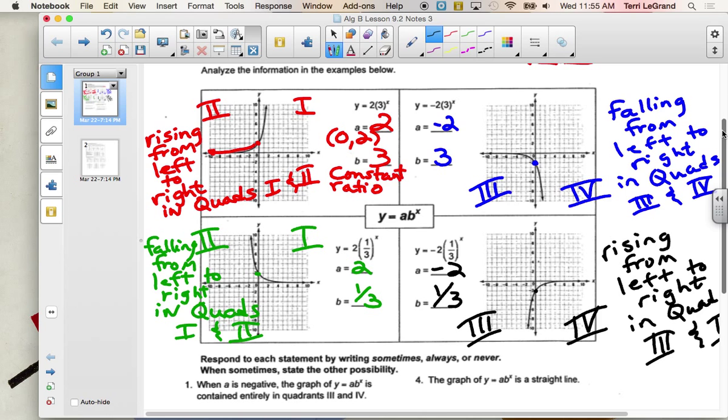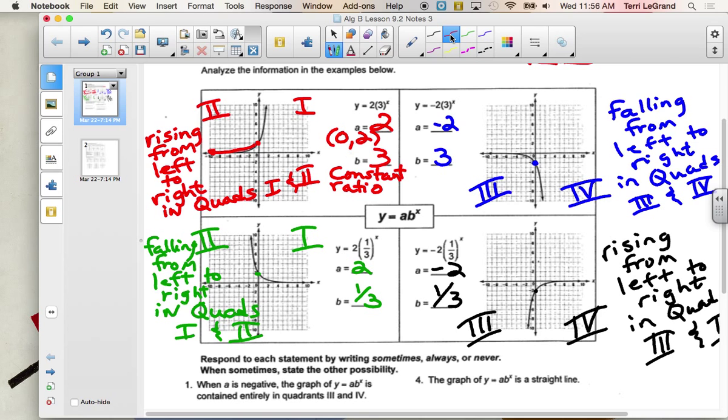Since we checked out another one, we might be able to conjecture that if A is positive and B is positive, this is what we can expect. But not only does B have to be positive, what else has to be true about B? Not just positive, but greater than 1. So let's put that stipulation up here too.